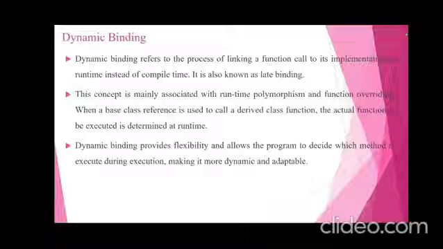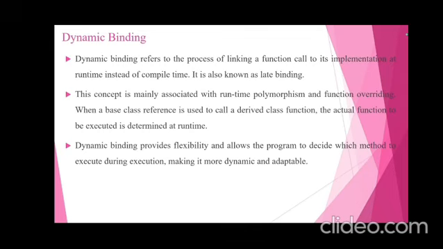Where a child class overrides a function of the parent class, we use a parent class reference to refer to the child class object. The program decides which function to execute only during execution based on the actual object type, not the reference type. So, dynamic binding ensures that the correct function is called at runtime, providing flexibility in object-oriented programming.